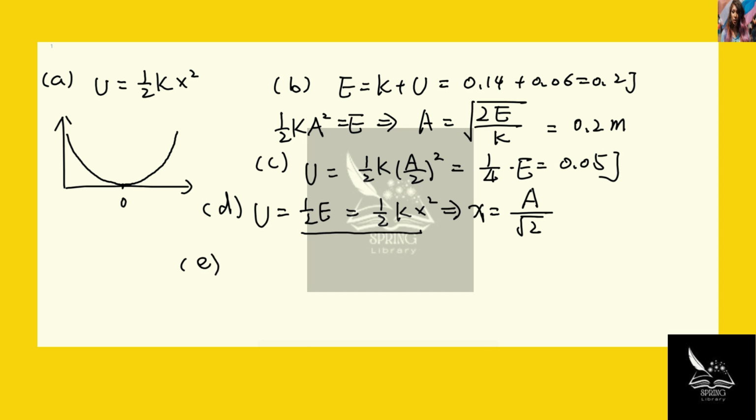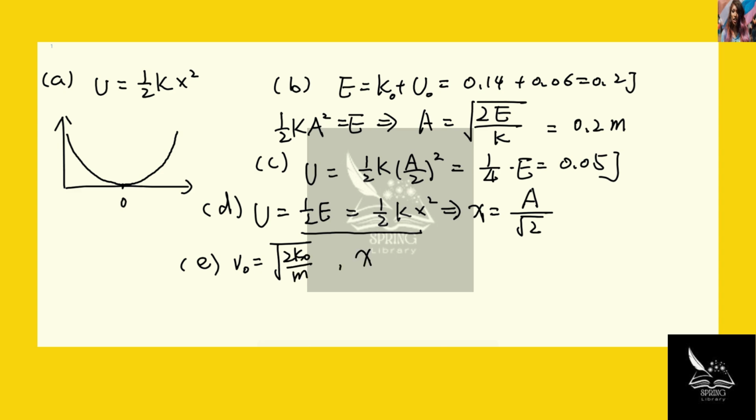So the last question. Since the initial kinetic energy and the potential energy are given here, we can calculate the initial velocity, which is square root of 2 times the initial kinetic energy over m.